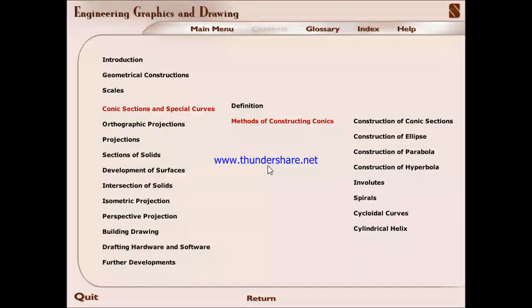These have all been discussed already. Now, the last chapter is cylindrical helix. So today we are going to discuss cylindrical helix.